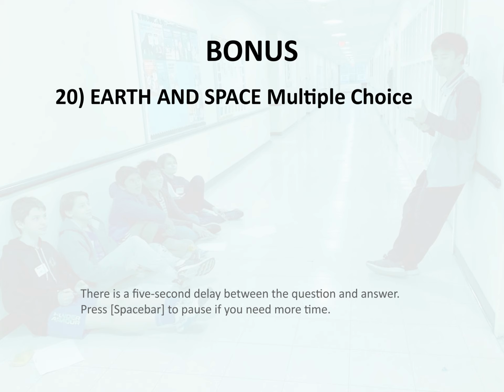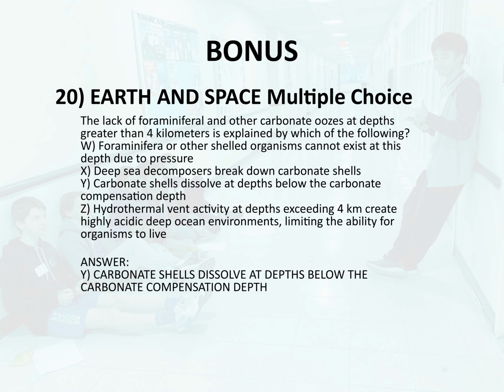Y. Carbonate shells dissolve at depths below the carbonate compensation depth. Z. Hydrothermal vent activity at depths exceeding 4 km creates highly acidic deep ocean environments, limiting the ability for organisms to live. Answer. Y. Carbonate shells dissolve at depths below the carbonate compensation depth.